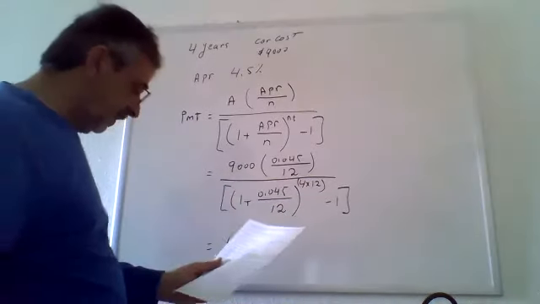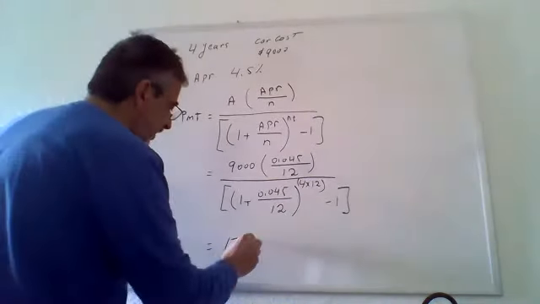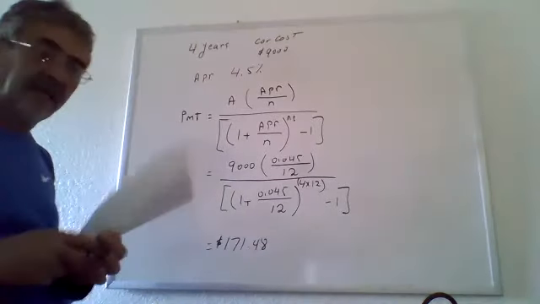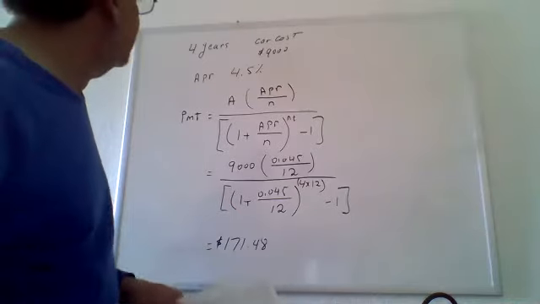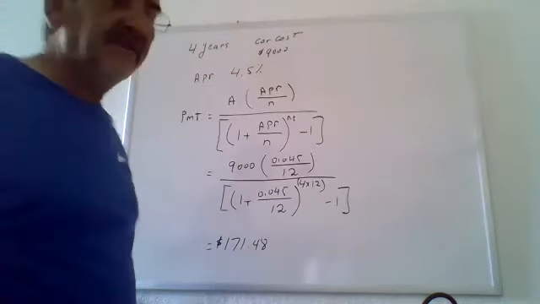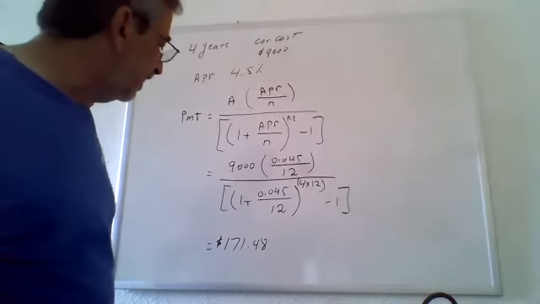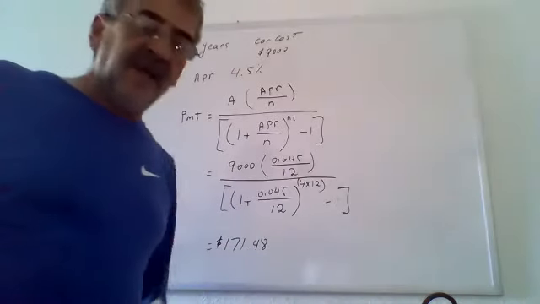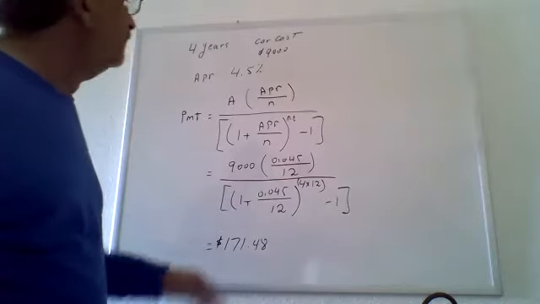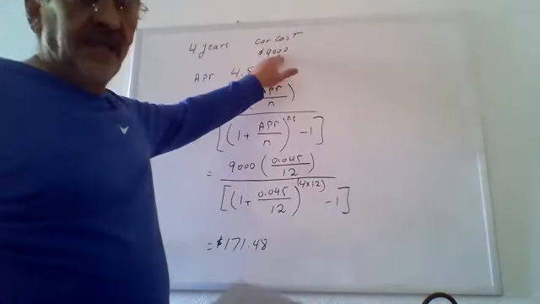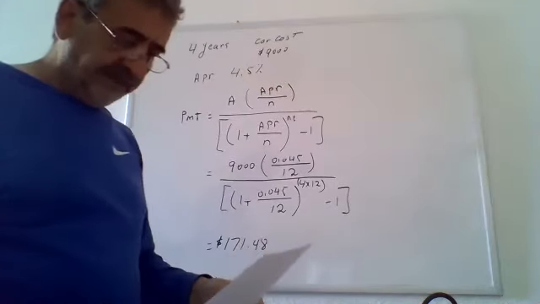So that should come up to be $171.48. So if there is a car that costs $9,000 and I have a bank that pays me 4.5%, I can deposit $171.48 every month for 4 years. After that, I will have exactly $9,000 to purchase the car.